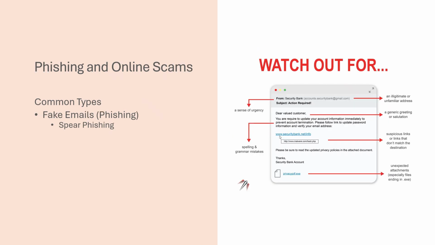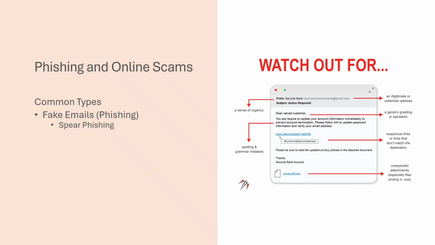Indirect attacks are where technology is used to reach many potential victims. Phishing uses fake emails with unexpected requests for personal information, urgent or threatening language, sometimes misspelled sender names or suspicious links. And unlike regular phishing, which is sent to thousands of people, spear phishing targets a small, specific individual or a small group.